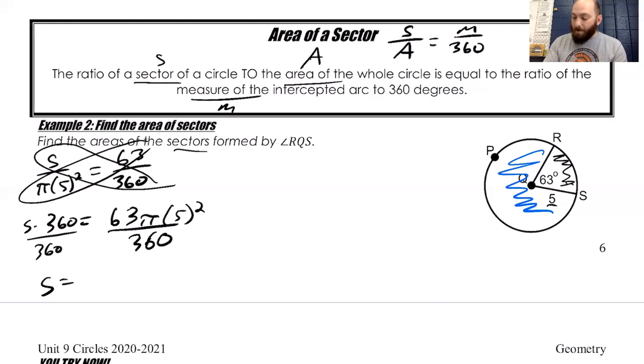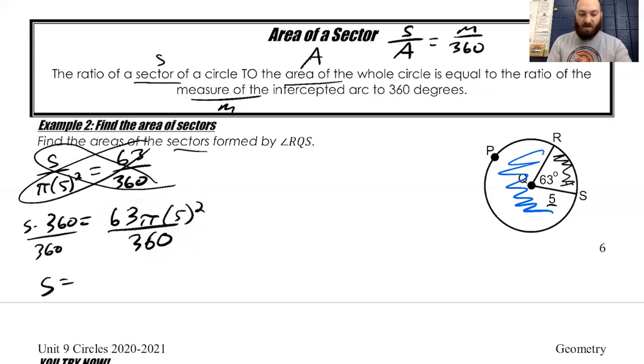And again, this is what your calculator needs to look like. If you do it as multiple steps, that's fine. Just do all your multiplication first, then do the division by 360. Okay, so if I do that, let's see here.